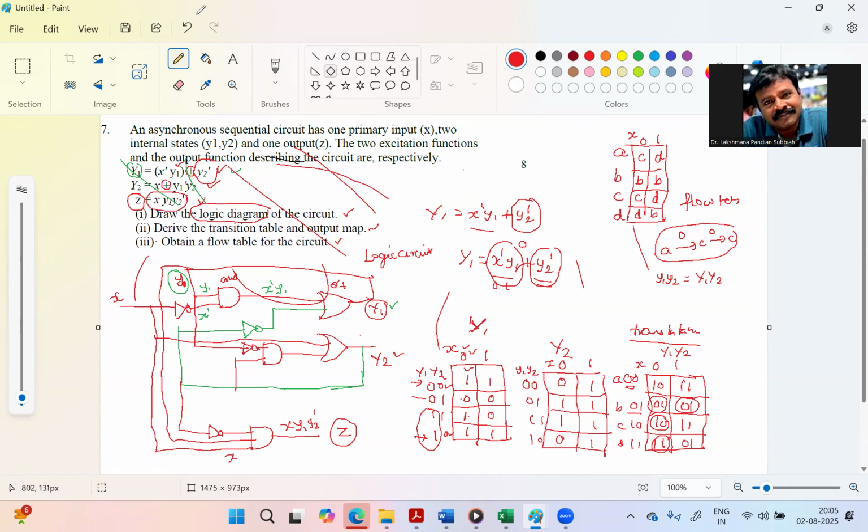So that is y1, y2 dash, y1 dash. Sorry, y1, y2 dash.